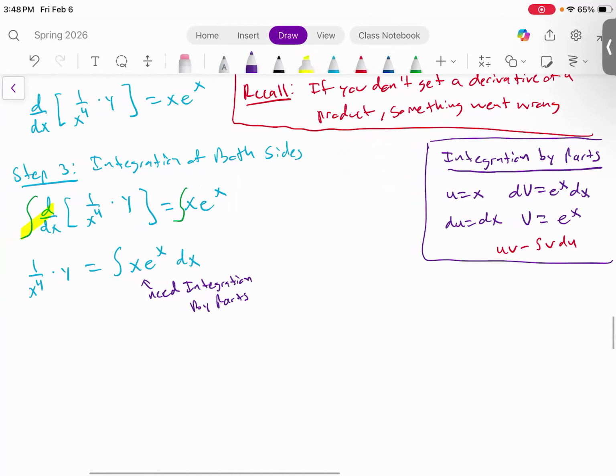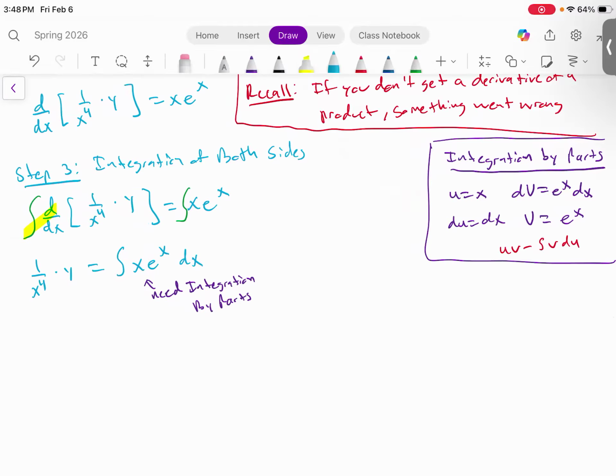So coming back to the problem now, what we would have is 1 over x to the fourth times y equals, looks like it would be x e to the x minus the integral of e to the x dx.